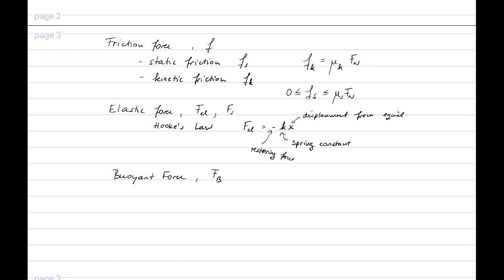And then a law that governs this buoyant force is Archimedes' principle. But we will discuss this later on when we talk about fluids. There are other forces that we encounter in electricity and magnetism, like the electrostatic force or the magnetic force, but we will talk about those things a little bit later.